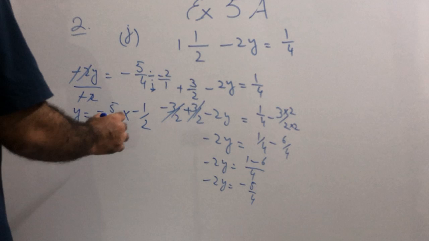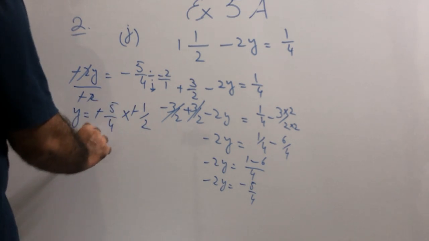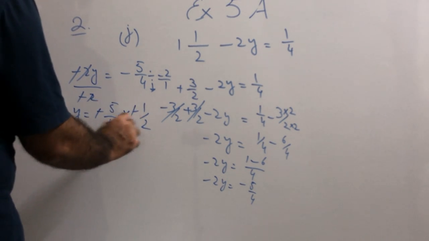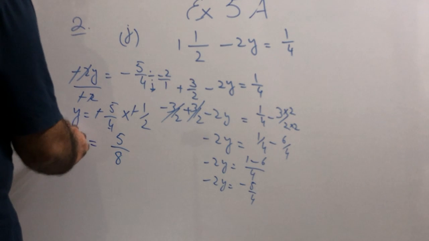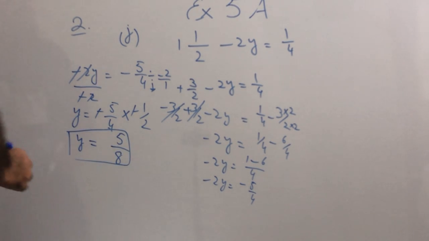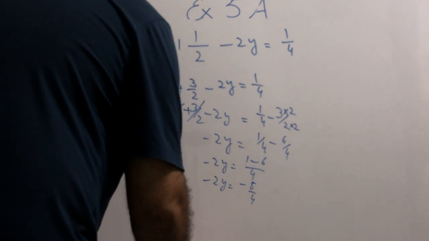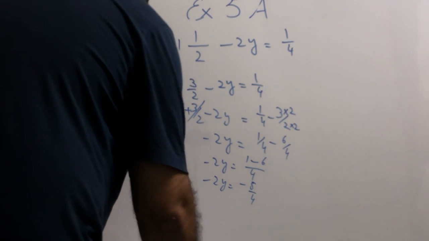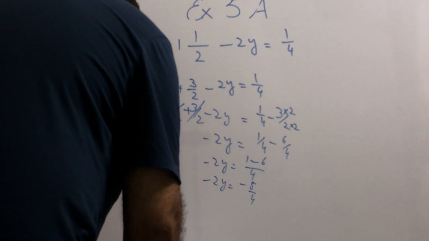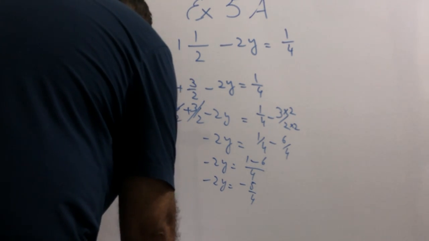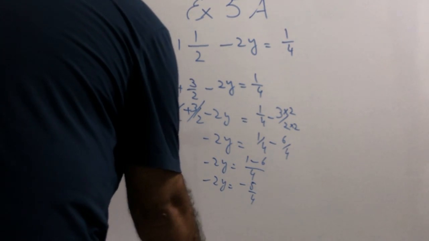Then minus will cut with minus. 5 over 4 2s are 8. y is equal to 5 over 8. This is the answer for exercise 5A, question number 2, and this was its last part.